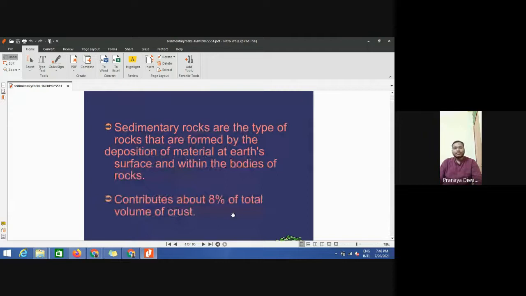So sedimentary rocks are the type of rock which is formed from the deposition of material at the earth surface and within the body of rock. It contributes about 8% of the volume of the crust.